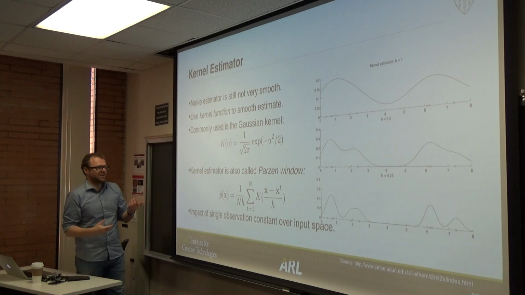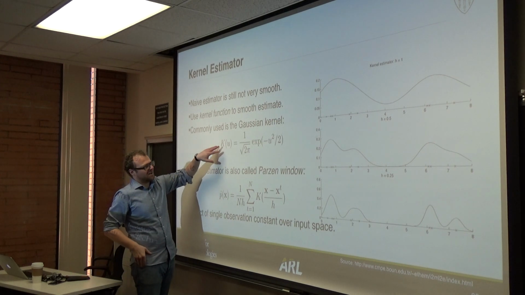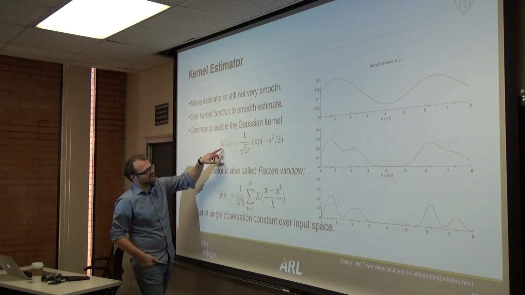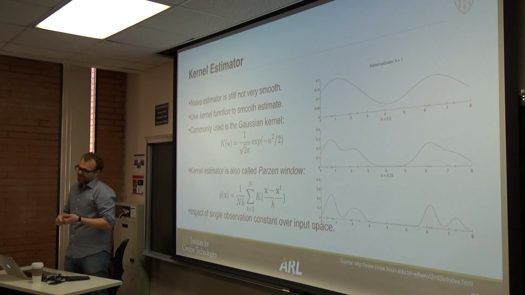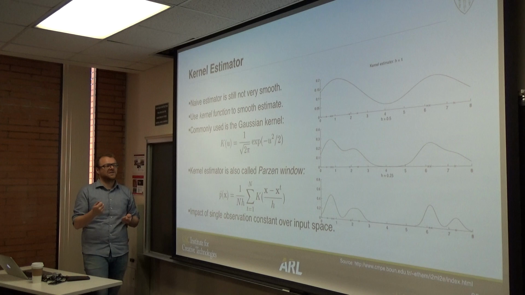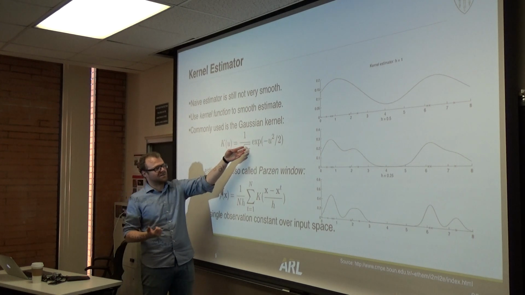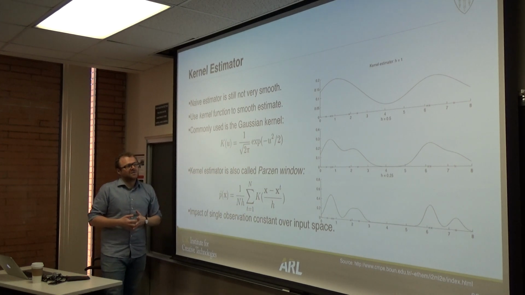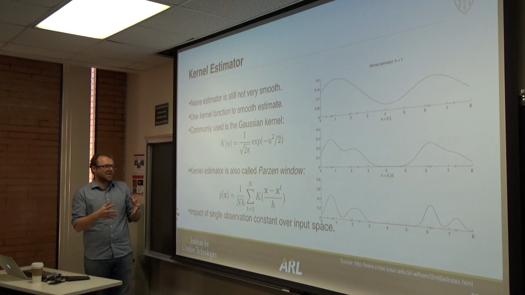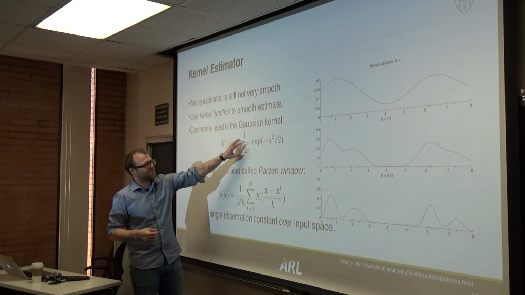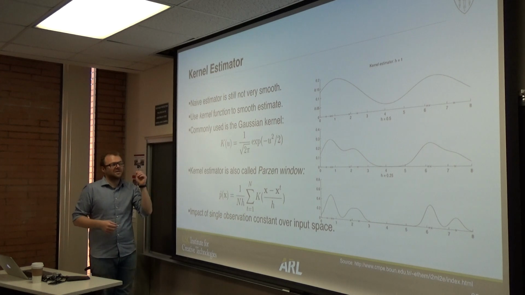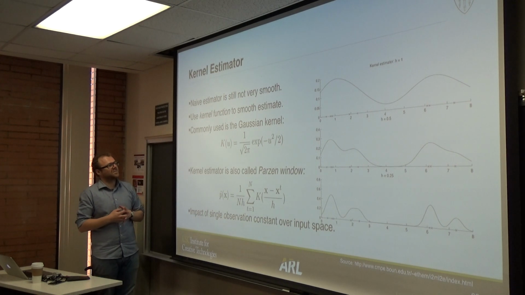You can use, for example, a kernel. So instead of this weight function here, you just use a kernel, and a kernel in this sense is just another function that you apply to your distance. So in this case, this is an RBF kernel, a radial basis function. So it's basically a Gaussian that goes wider and narrower. I think you will see this function many times.